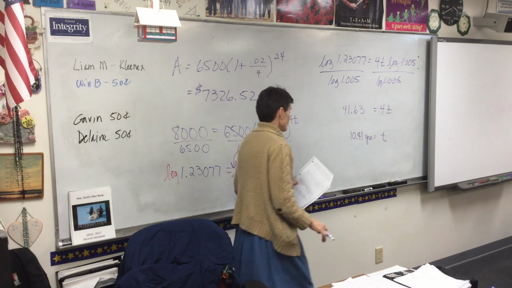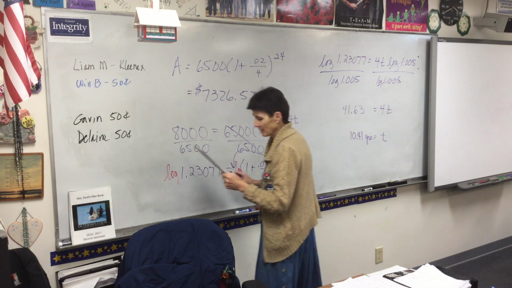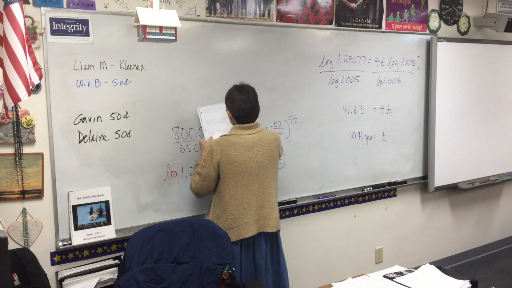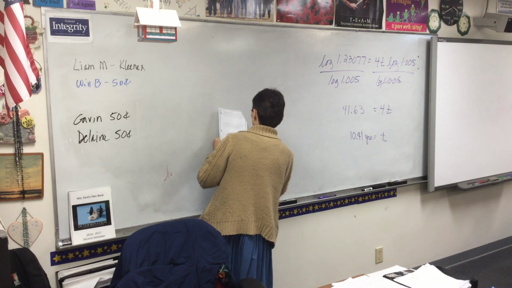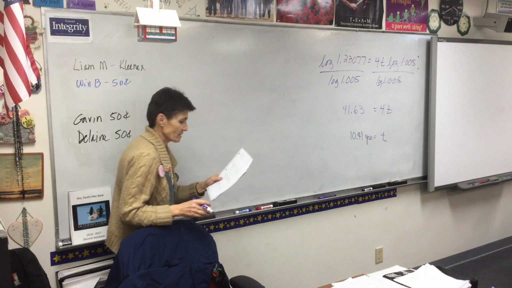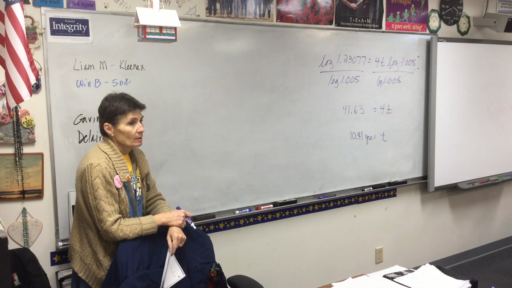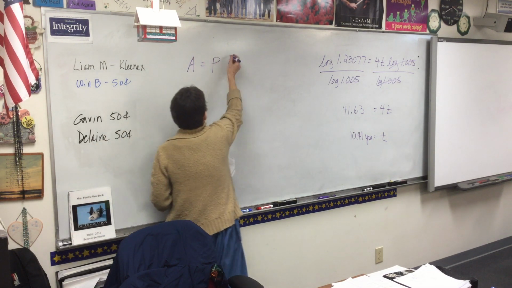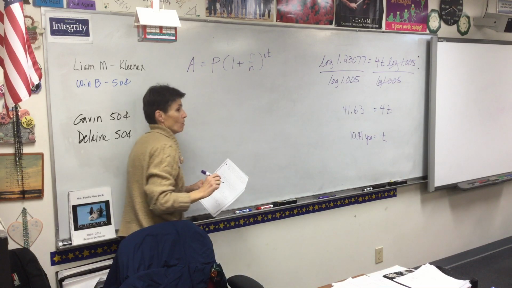All right, one more. This one's a little bit tricky. Number 5. How much will Amani need to deposit to end up with $15,000 in 20 years if interest is 4.8% compounded quarterly? Okay, think about your formula. What's the variable this time? What do I not know?